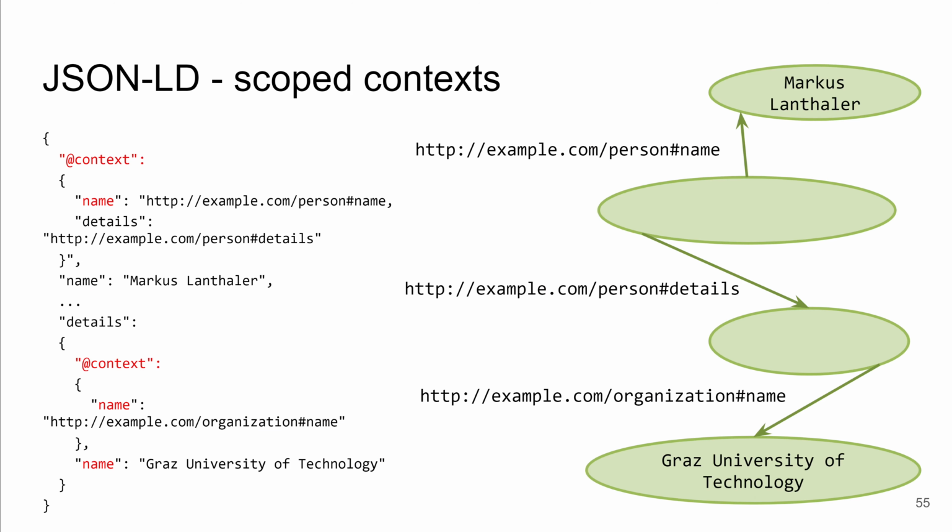However, then when we go into details, we want the name key to be mapped to something else. And the something else is example.com/organization#name. So we have the same JSON key, which is name, but we have two different meanings in RDF. One is a name of an organization and one is a name of a person. And we redefine to which predicate the name key is mapped using a scoped context within a JSON object.